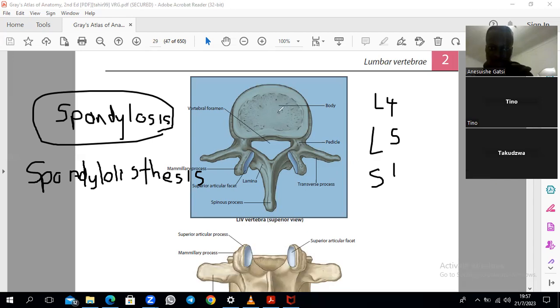This is the body. So we have body here, then we have vertebral arch behind here. So for spondylosis, there is separation of this body from this vertebral arch. So this is the vertebral arch. Then the body is the X there. So in spondylosis, there is separation of that body from the vertebral arch.